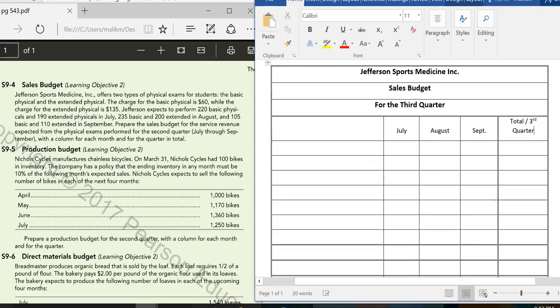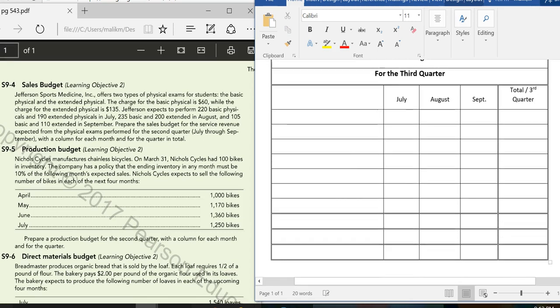Now, what we're going to do first is show our projected number of physical exams. This is a service company. They provide medical services, these physical exam services. So that's actually our service number. But for a manufacturing company, it would be the number of units that they want to sell.